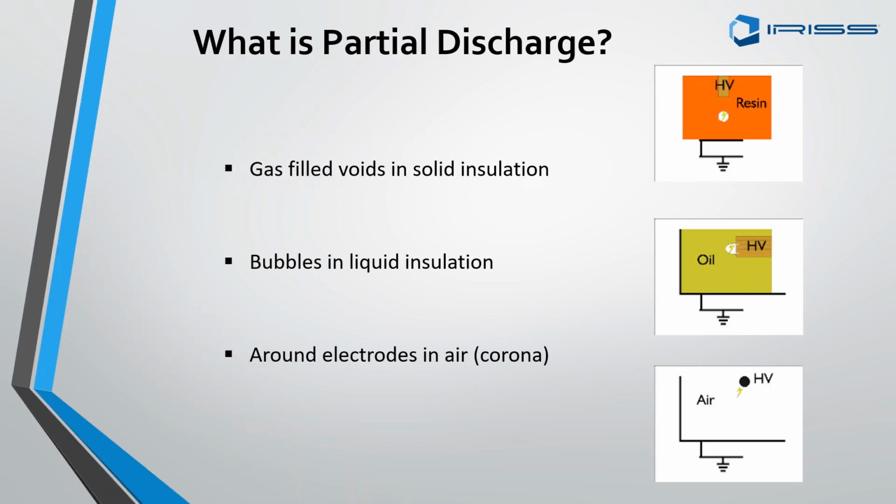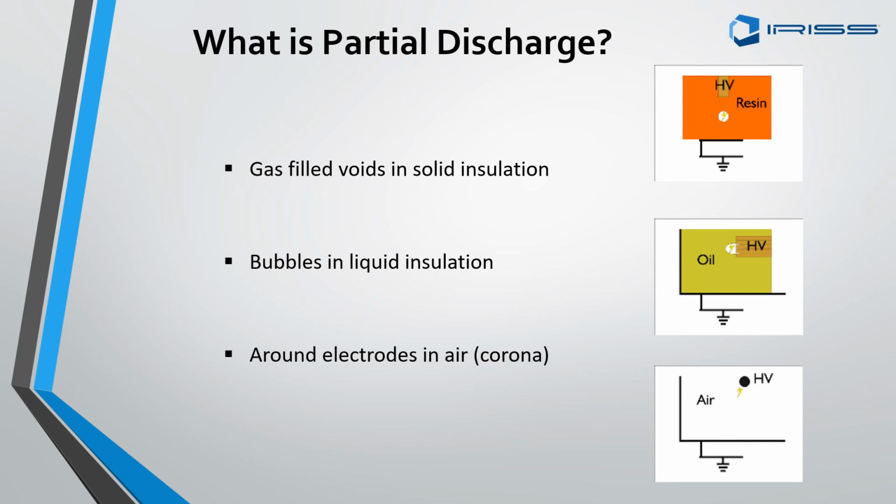Where does it happen? Well, it can happen in a few different ways. It can happen inside the gas-filled voids in solid insulating material. So this is cable insulation, standoff insulators, any insulating component of your medium and high voltage switchgear. You can have little defects, little voids that formed when they were forming the insulation, and that somehow did not come out during the curing process, and they remained there after the component was finalized in its manufacturing.